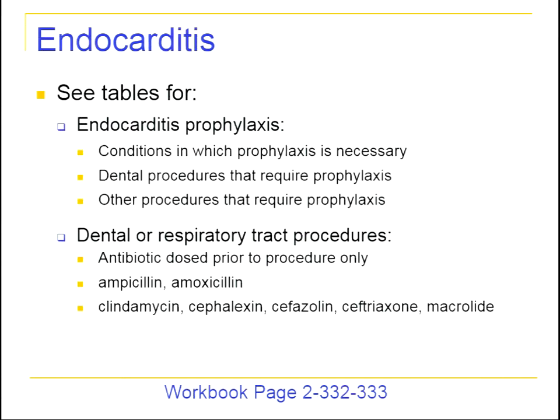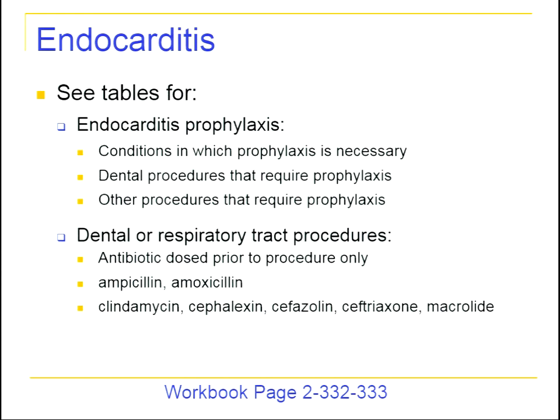So there are 2 tables in your handout. There's a table that goes over conditions in which prophylaxis is necessary, and what sort of dental procedures you need to give prophylaxis for. And then there's also a table that goes over which sort of procedures, dental procedures or respiratory tract procedures, you need to include.